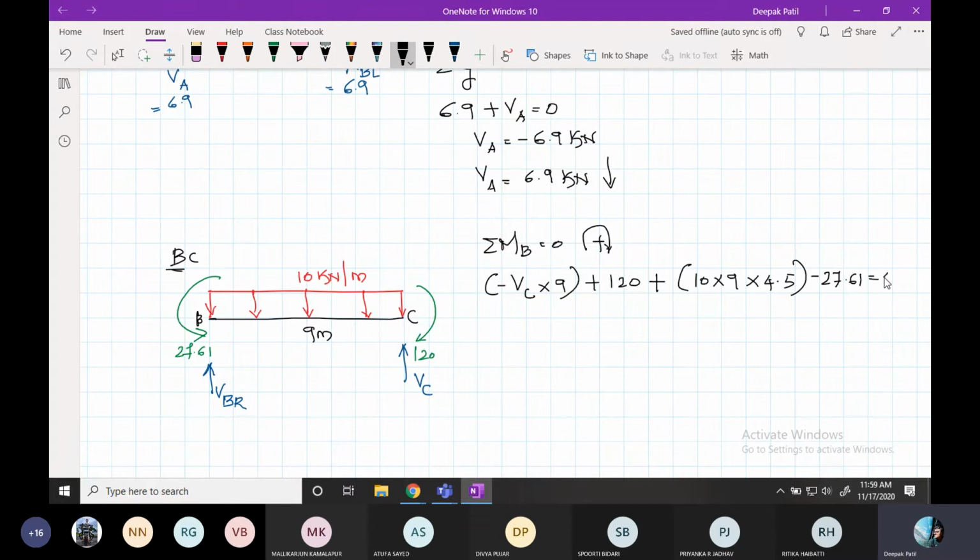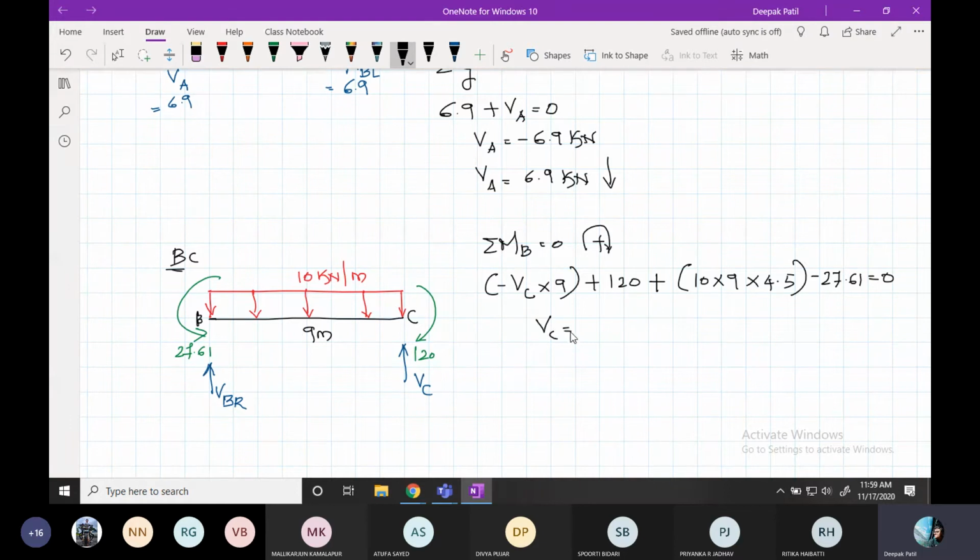So equal to 0. So if I solve this, 10 into 9 into 4.5 plus 120 minus 27.61, you will get plus 497. So if you take it on the right hand side, it will become minus 497 divided by 9. So you'll get plus 55.26.